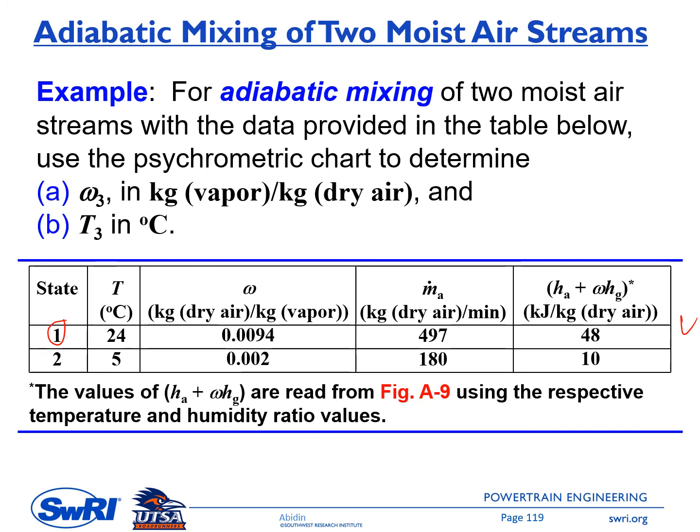And then state 2, temperature is also given, it's lower, only 5 degrees. Omega is also given there, and then m dot a, as well as the enthalpy. The values of ha plus omega hg are read from figure A9 using the respective temperature and humidity ratio values.